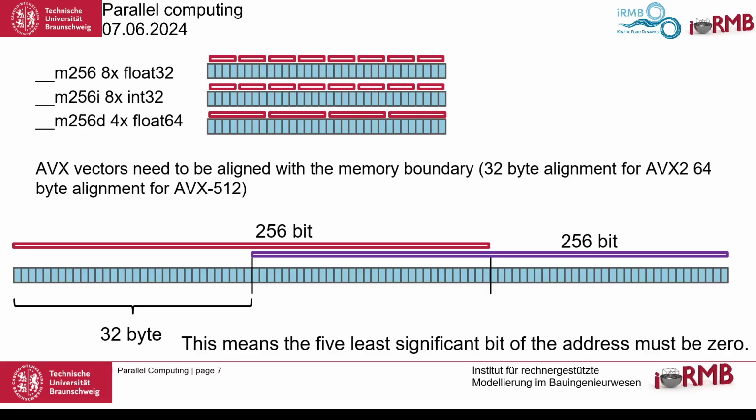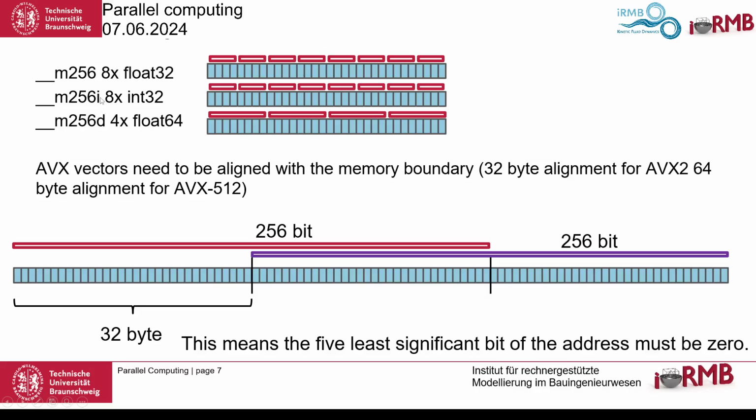So how does it in principle work? There are specific data types, which are these vectors, and they're indicated by _m256. This is the number of bits, and if there is nothing else here, it will assume that this is a float, because this is what these operations were originally meant for, 32-bit single precision float operations.